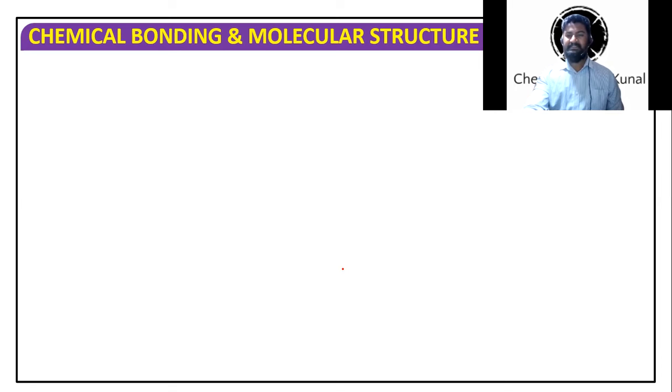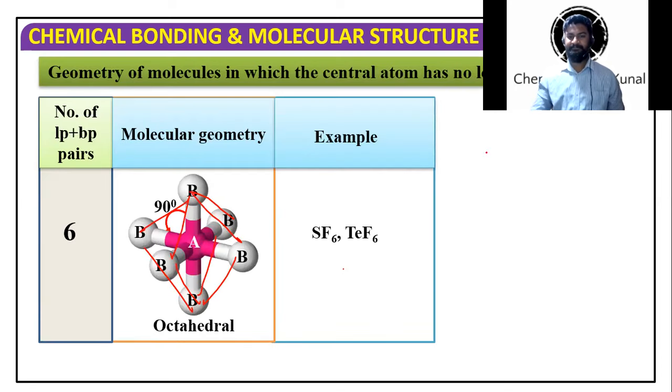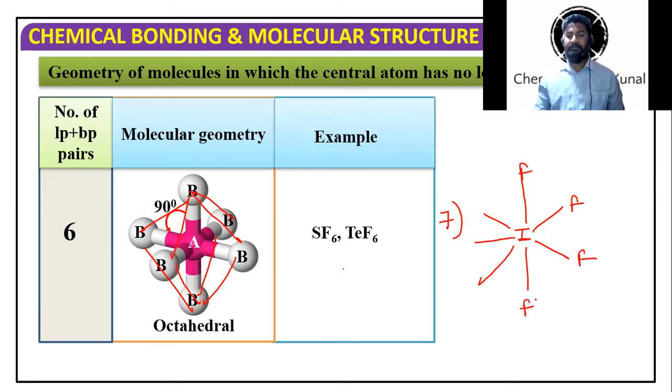Now, the seventh one is going to be pentagonal bipyramidal. Meaning, one example could be iodine in the middle, 2 bonds like this, 3 bonds like this, 1 up and 1 down. See, IF7. Here also F, here also F, here also F. So it's like a pentagon here. And one pyramid up, one pyramid down.